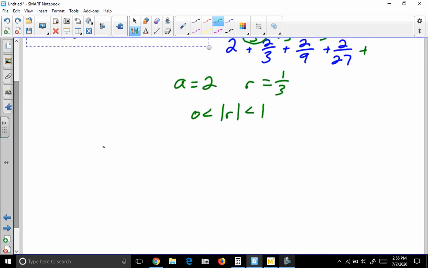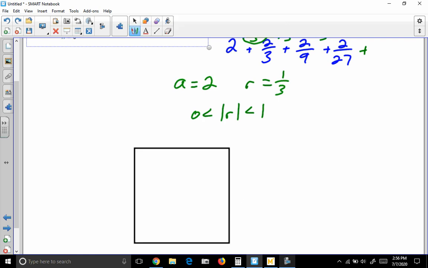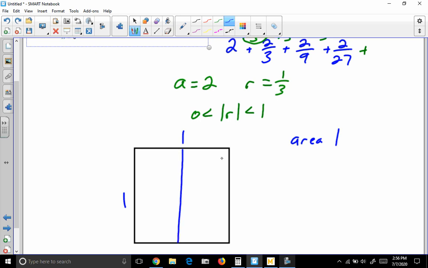A classic example of a geometric series is this problem. If we look at this square, if we call it a 1 by 1 square, then it has an area of 1. If we take it and cut it in half, it still has an area of 1. This side has an area of 1/2, and this is 1/2.